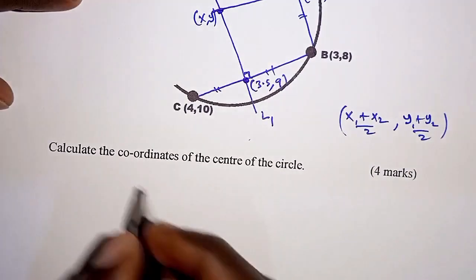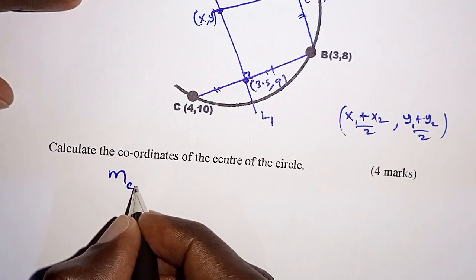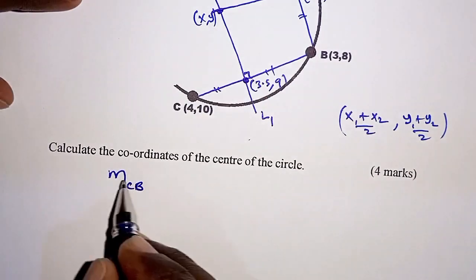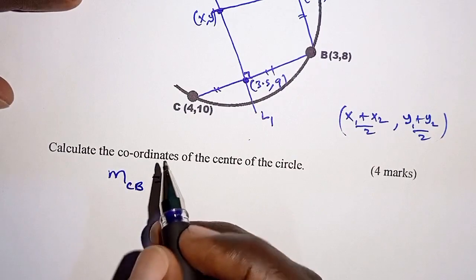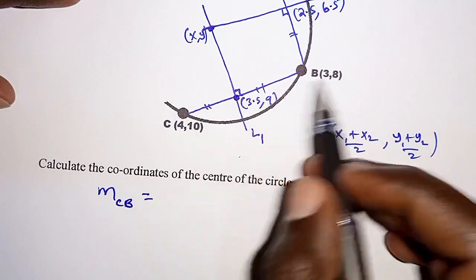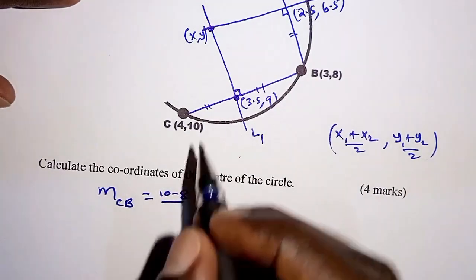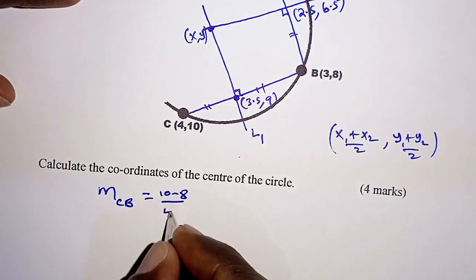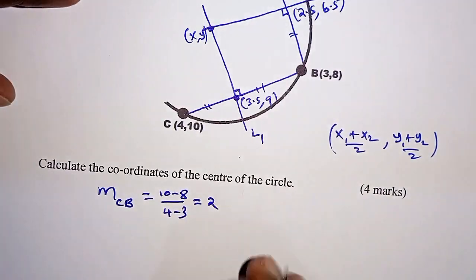So let's call it M sub CB. So the gradient of line CB, this will obtain as change in y over change in x. Change in y here is 10 minus 8 over change in x, 4 minus 3. And this should give us 2.